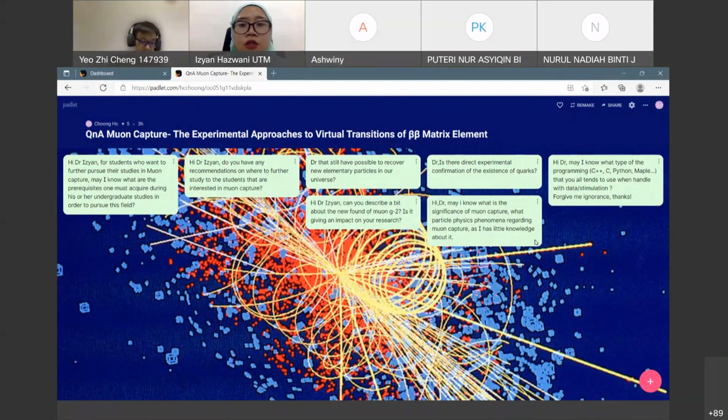Yes, for this, actually, in the muon capture process for particle physics, we have three rare transitions, which is muon to electron with no gamma photon emission, and also muon to three electrons. So actually, this contributes to the charged lepton flavor violation.